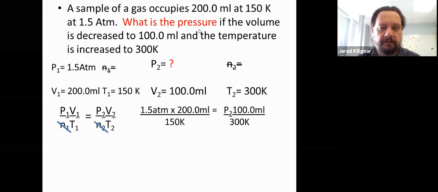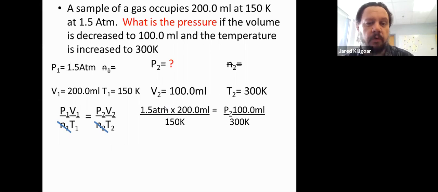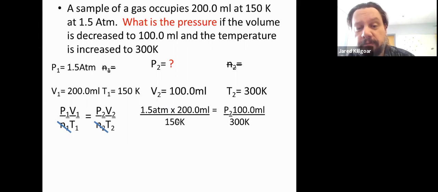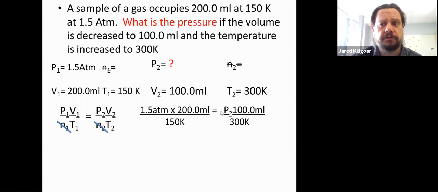My P1, 1.5, my T1, 150, and my V1, 200, my V2, 100, my T2, 300, and I want to solve for P2. Like I said, you can use any variable. Some people like to use X. Some people like to use, I don't know. I like to keep it as P. Even sometimes people keep it as a question mark. Anyone's okay as long as you define your variables.